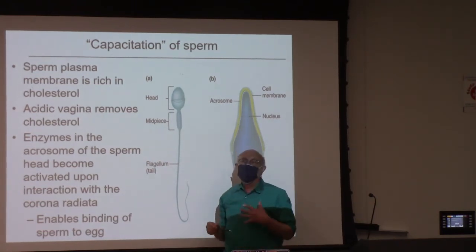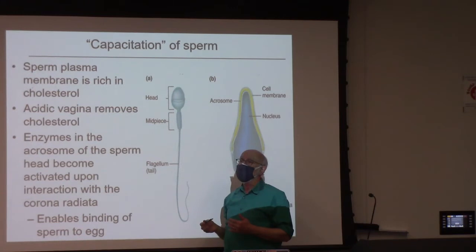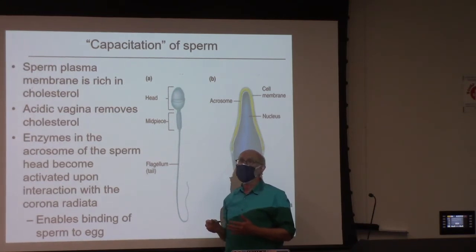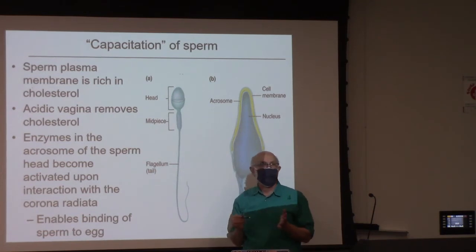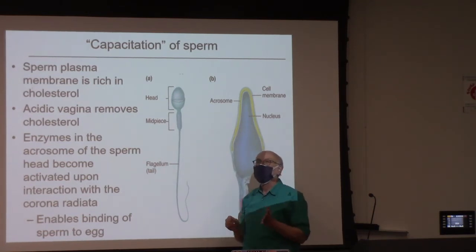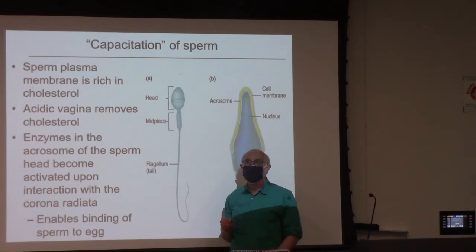If it destabilizes it too much, the sperm doesn't survive. If it destabilizes it not enough, the sperm is not likely to be able to fertilize. You'll see in a minute. So there's this Goldilocks destabilization of the surface membrane, just the right amount, enough for the sperm to survive, and enough for it to be capable of fertilization.